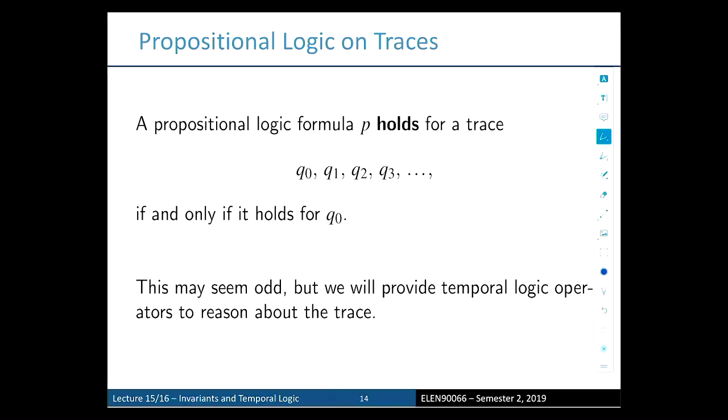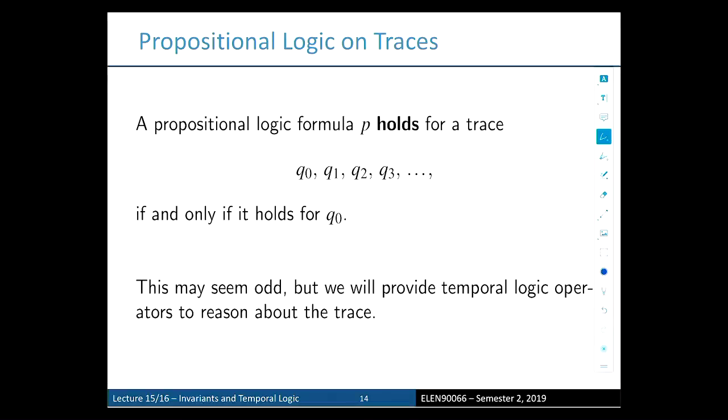Now, if I'm given a propositional logic statement, I say that formula P holds for the whole trace. That's the weird thing about the definition, but hopefully it becomes more obvious later. We say a formula holds for the whole trace if it holds for the first element of the trace.